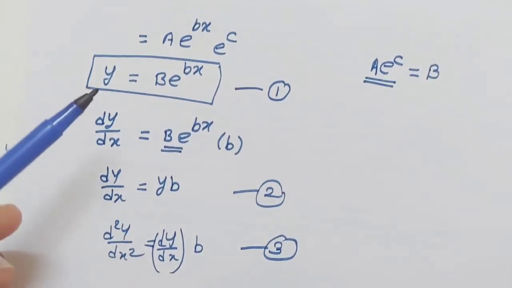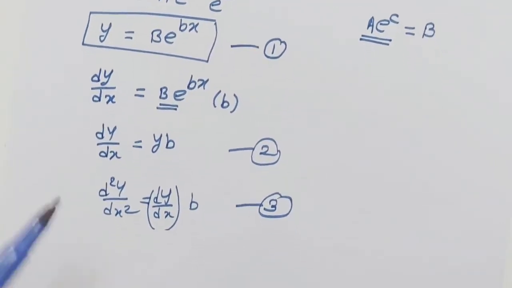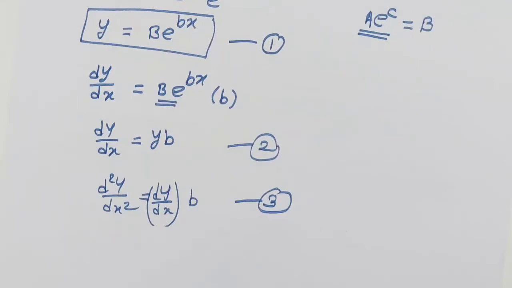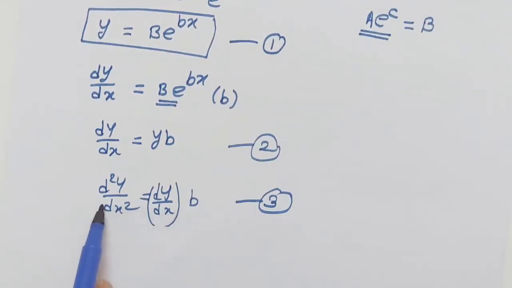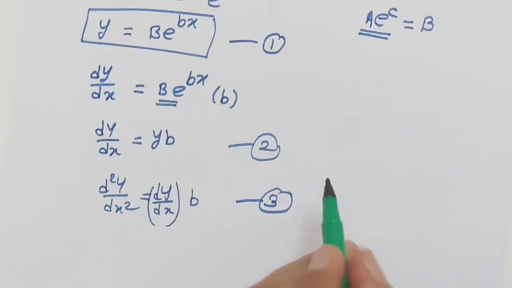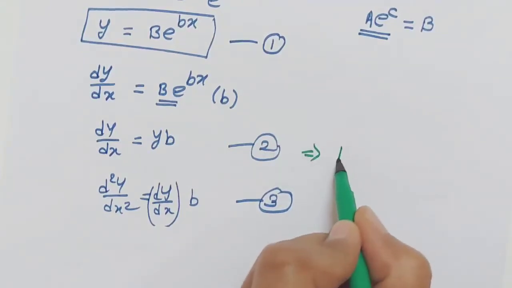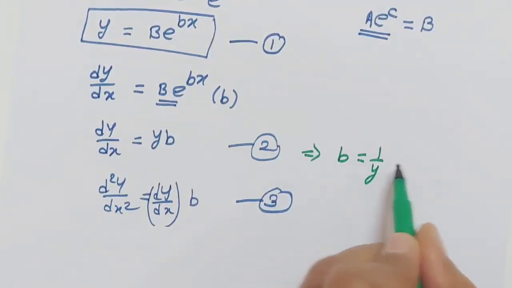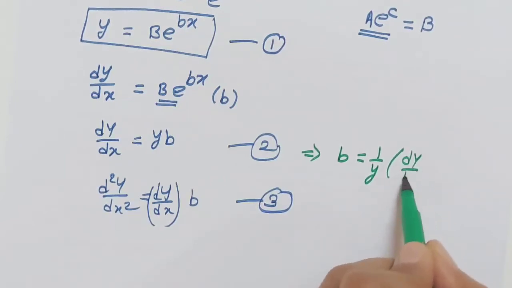Now solve equations 1, 2, 3 simultaneously and eliminate the constants. I want to eliminate this b from equation number 3, and from equation 2 we can write the value of b. So from equation 2 we can write b is equal to 1 by y dy by dx.